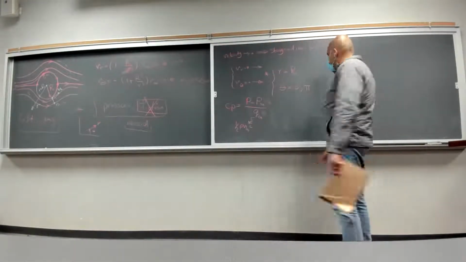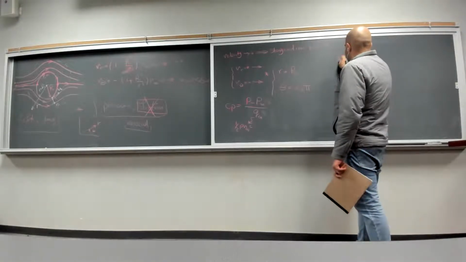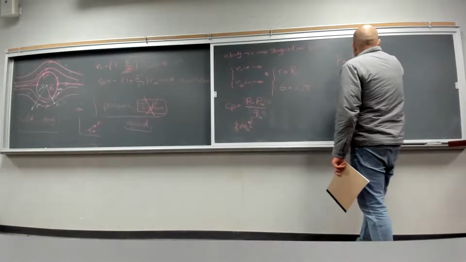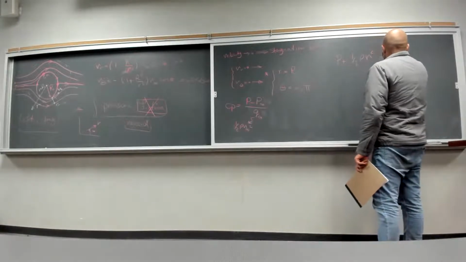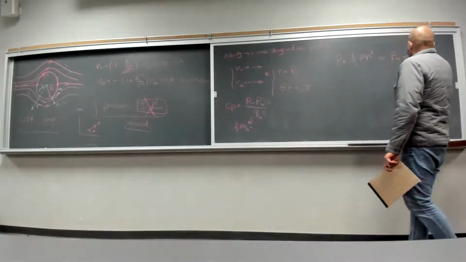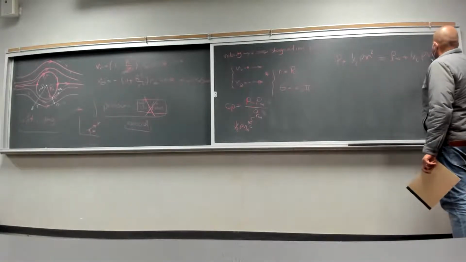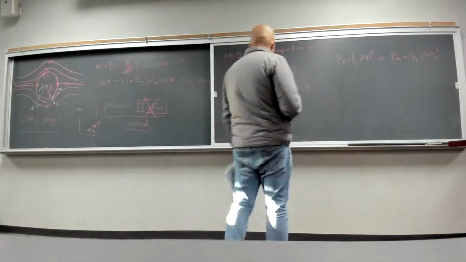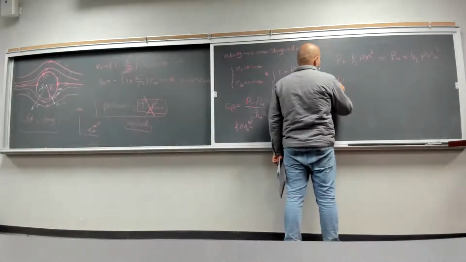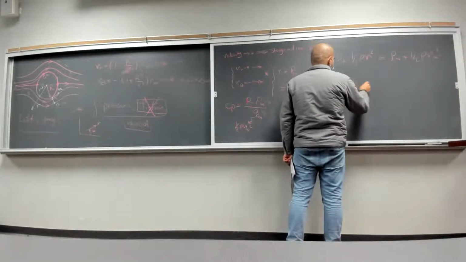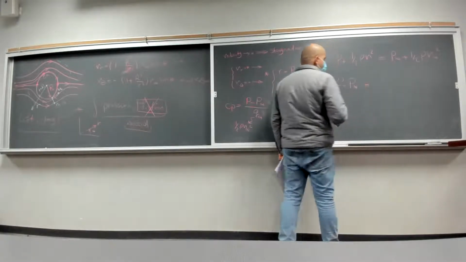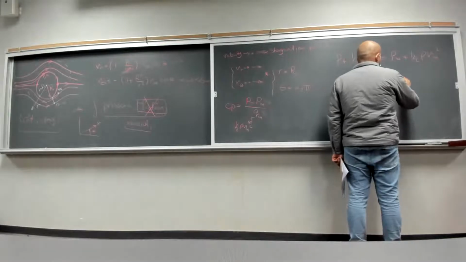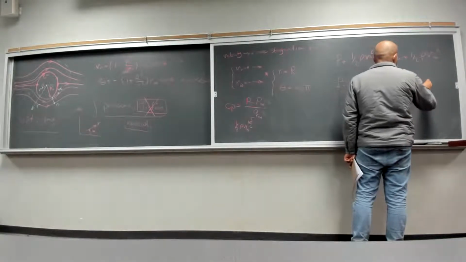If you apply Bernoulli's, you're going to get P plus 1/2 rho V squared equals P infinity plus 1/2 rho V infinity squared, right? Okay, so P minus P infinity is going to be equal to 1/2 rho times V infinity squared minus V squared.